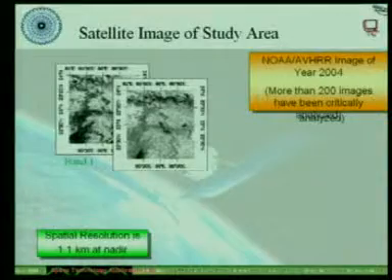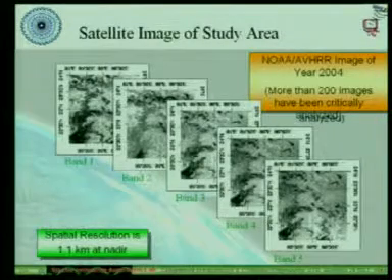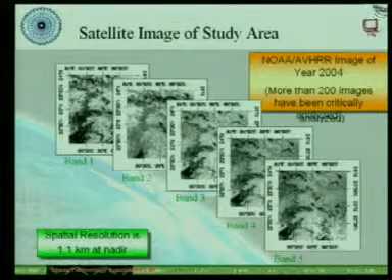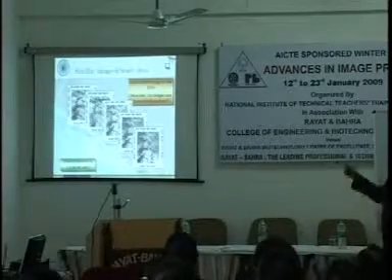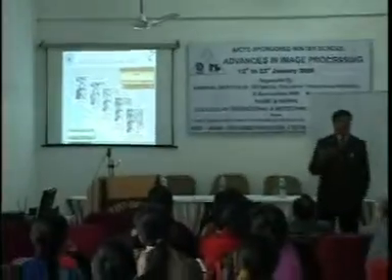Next one. You can see this is the NOAA AVHRR image for the year 2004. More than 200 images we have critically analyzed, and these are the different bands, as I have already shown in the previous slides: band 1, band 2, band 3, band 4, band 5, all with different wavelengths.